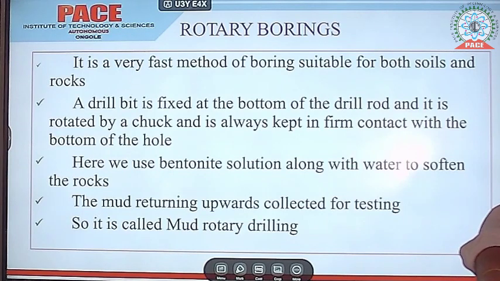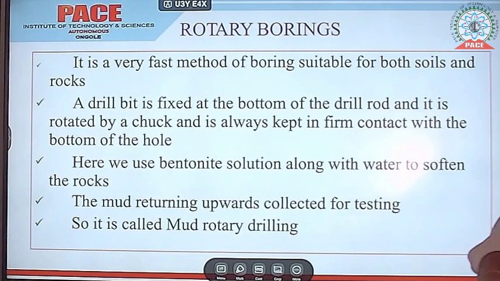Here we use bentonite solution along with water to soften the rocks. Bentonite is a product from barium sulfate, extracted from the mineral barytes, where you will get this bentonite powder.